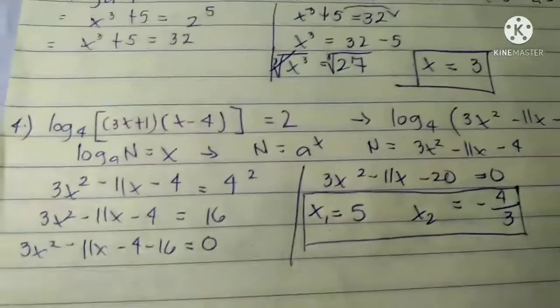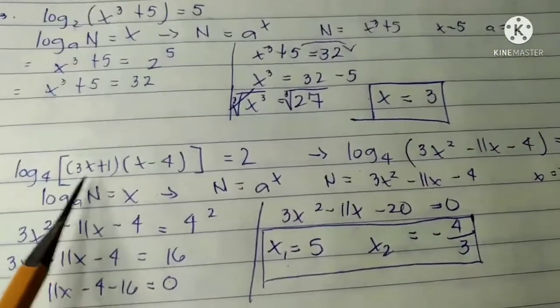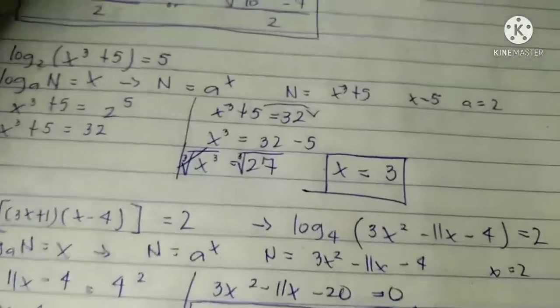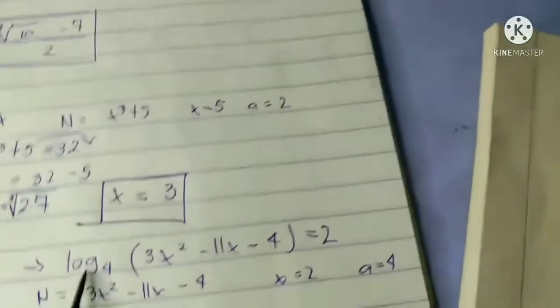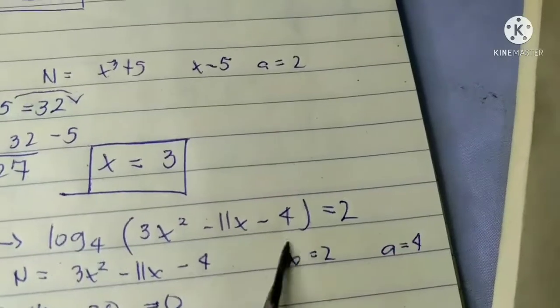Now for number 4, we have log base 4 of the quantity 3x plus 1 times the quantity x minus 4 is equal to 2. First we're going to simplify this one. We get log base 4 of 3x squared minus 11x minus 4 is equal to 2.